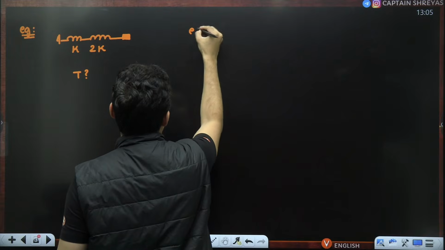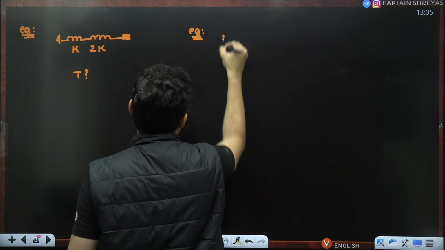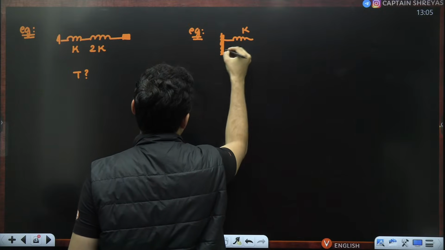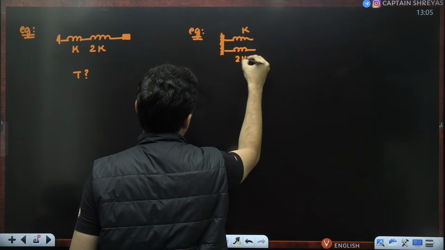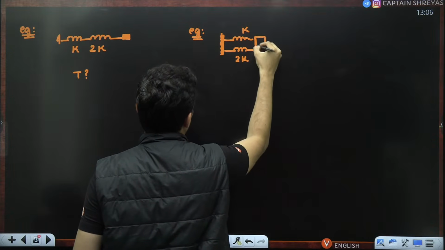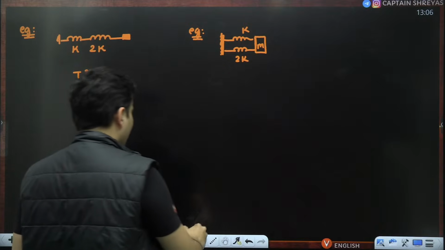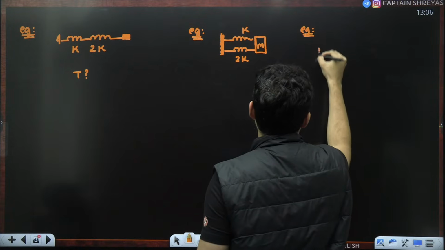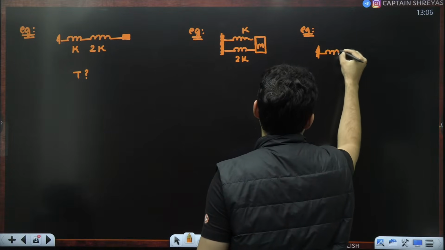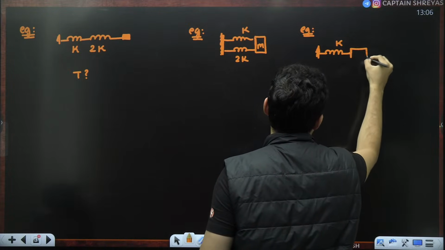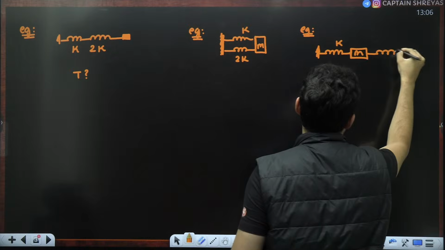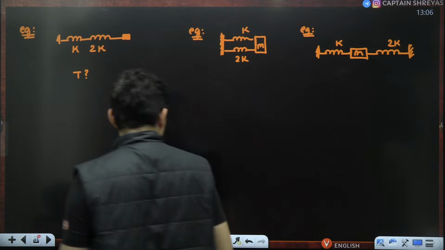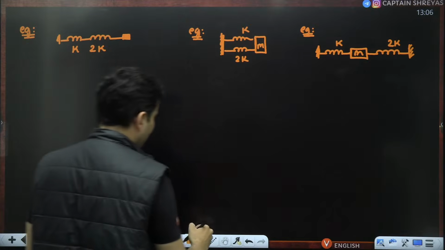Then another example like this where you have a big wall over here, another K over here, another 2K over here, and this is connected to a mass over here. Another example, one spring here, K, this is that mass, and another spring over here, 2K. How do you find the time period in every single case?